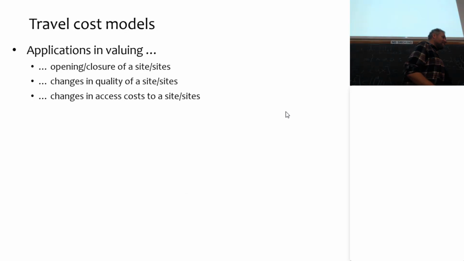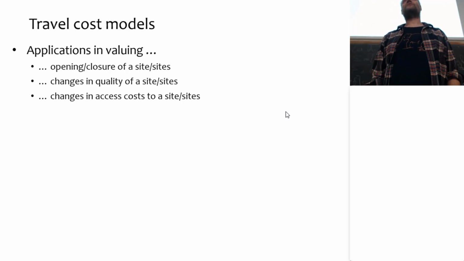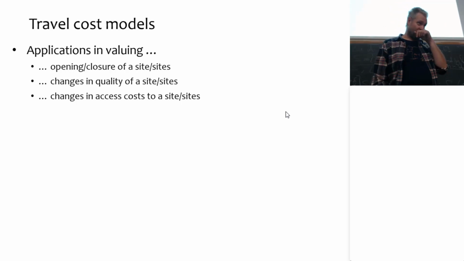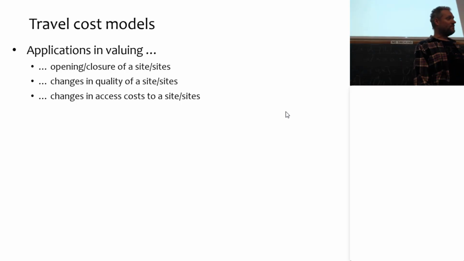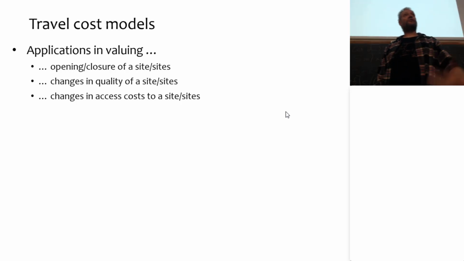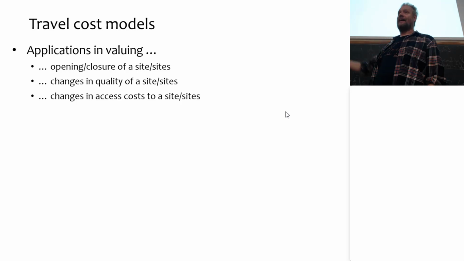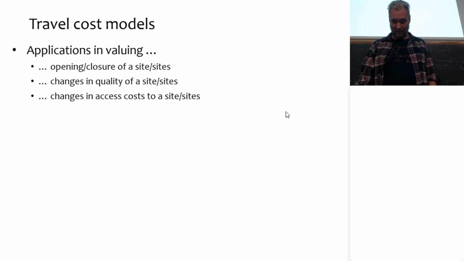And you can use it in essentially valuing sites. And of course it's much more interesting to value changes in size. If they open a park or close a park, if they cut down the trees or plant new trees, if they put big grazers on or something like that, or they put a fence around it, that is the sort of thing that you're interested in rather than its total value.